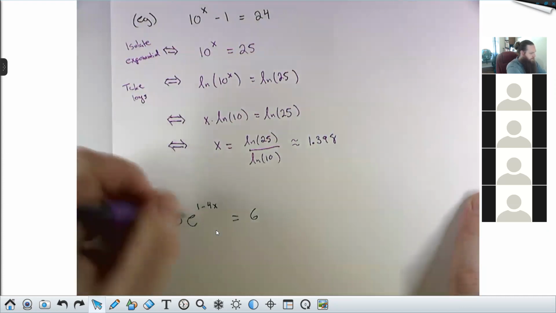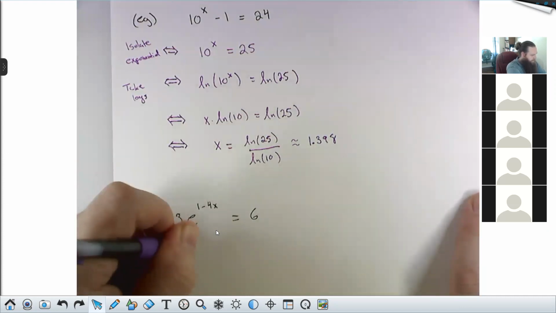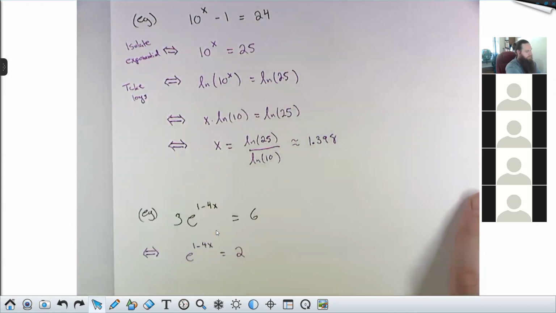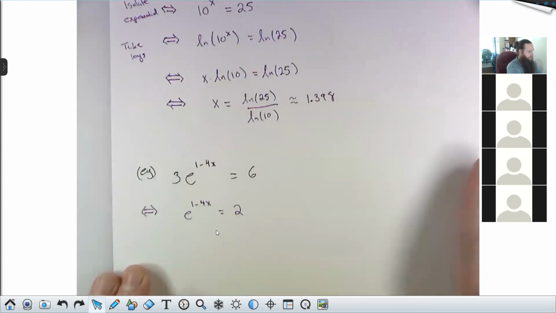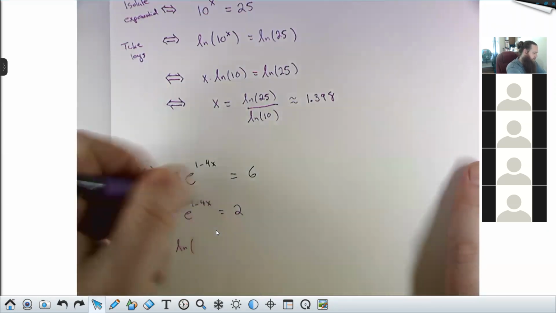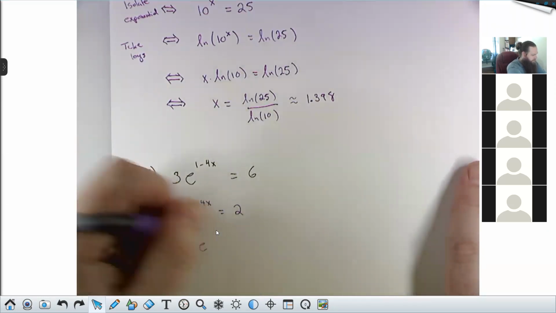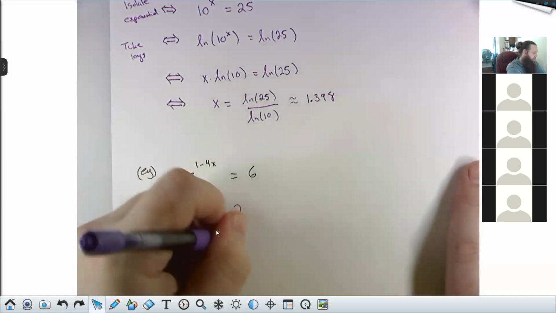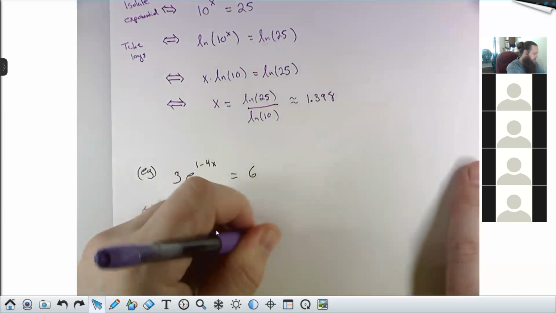So what do I need to do? I need to divide both sides by 3. And that gives me e raised to the 1 minus 4x equals 6 divided by 3, which is 2. Then the miracle step where we take logs. And I'll always use the ln. The ln of e to the 1 minus 4x will now be equal to the ln of 2.